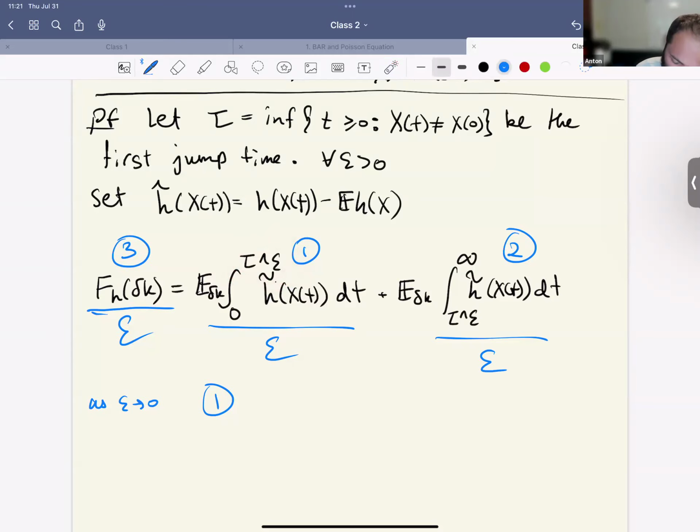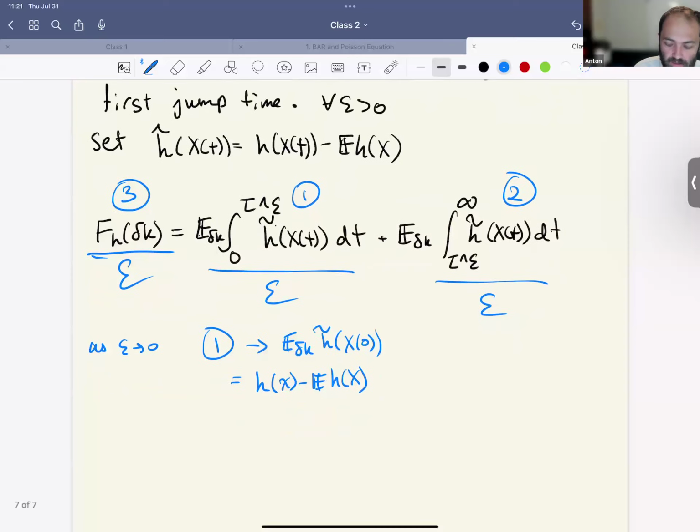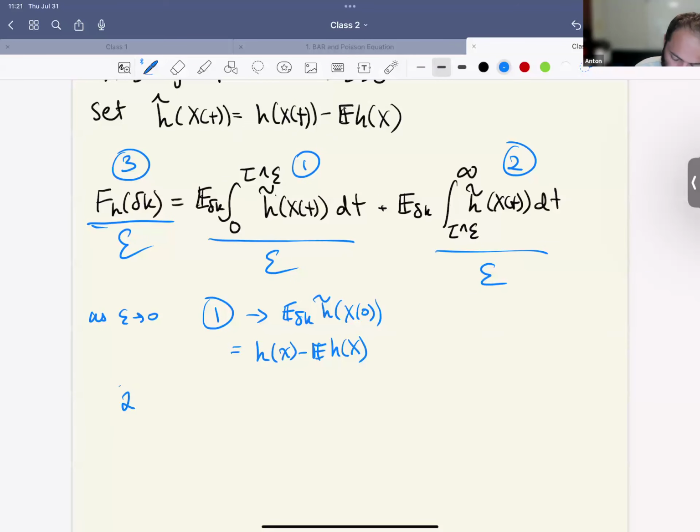So 1 will converge to simply the expected value under delta k of h tilde of x of 0, which is h of x minus expected value h of x. Two, we're going to show right now, this equals expected value under delta k of f sub h of x of tau minimum epsilon, divided by epsilon.